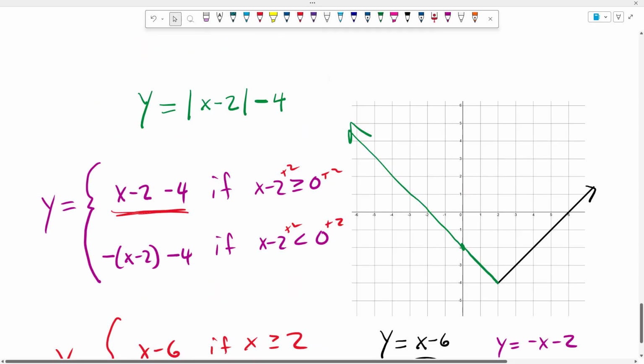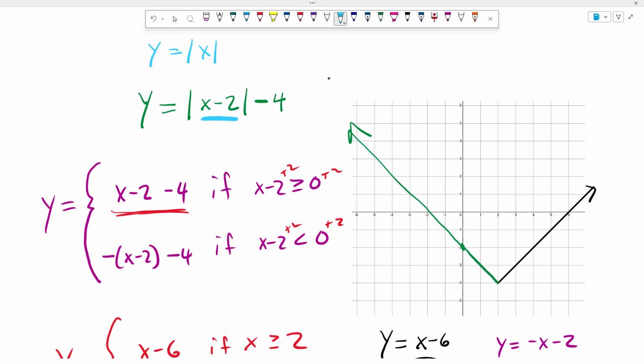Okay, so compared to our function y equals the absolute value of x, what did replacing x with x minus 2 do to it? Right, this was y equals the absolute value of x. It moved it to the right or left? Right by 2.